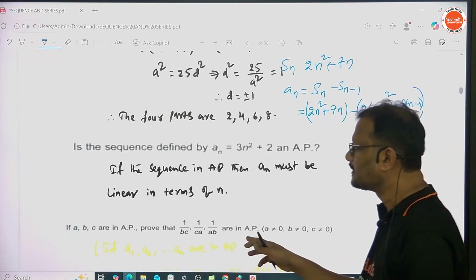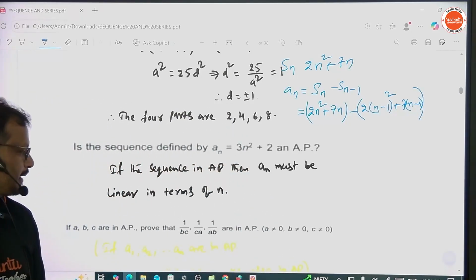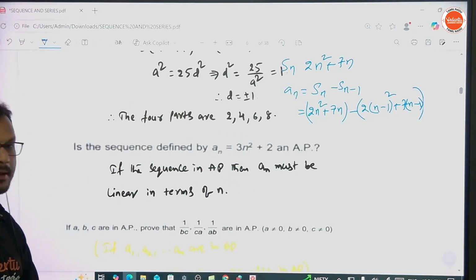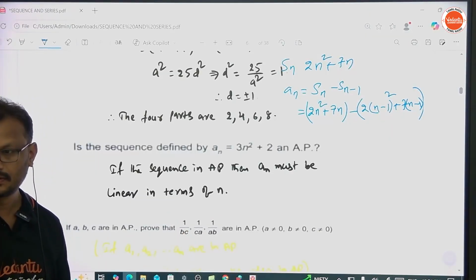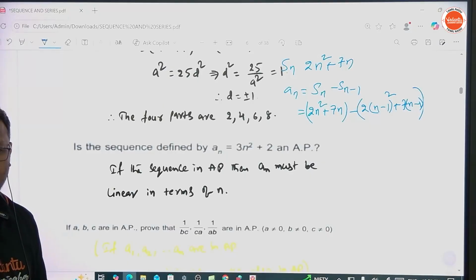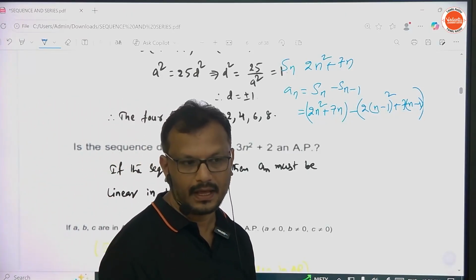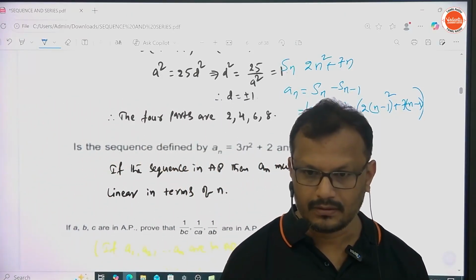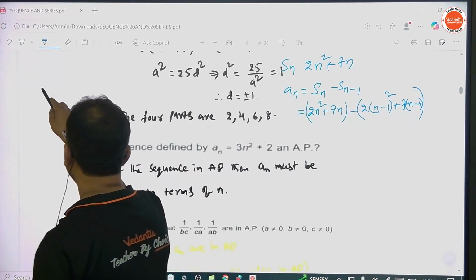This is the basic, fundamental thing, based on the properties you can say. For example, A, B, C are in AP. Whether these terms will be in AP or not, you have to prove it. Then what do you have to use? Just use the properties. If you add or multiply any constant value, it will be in AP only. So here A, B, C are in AP.